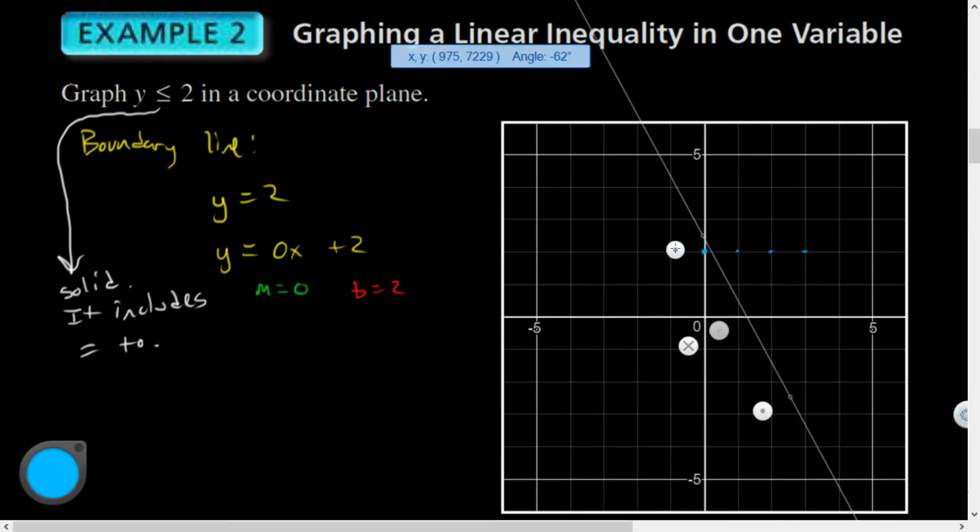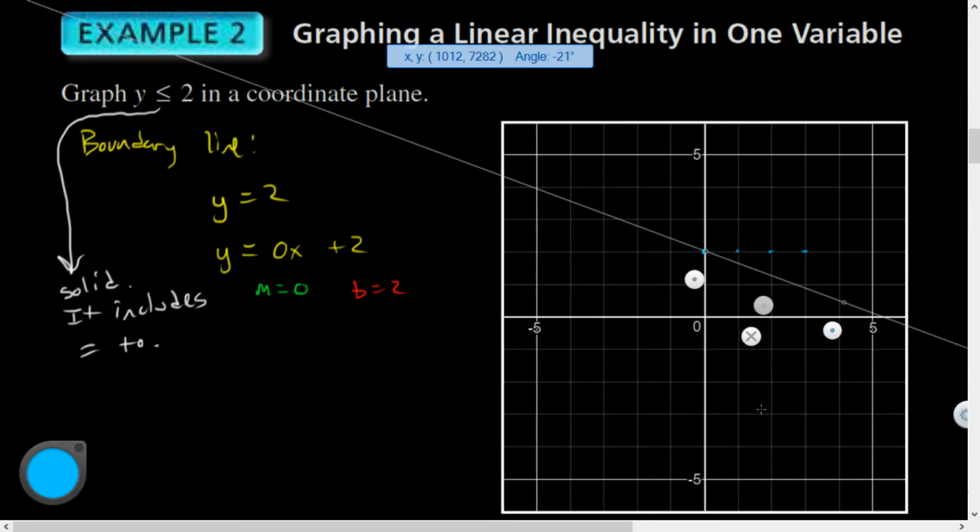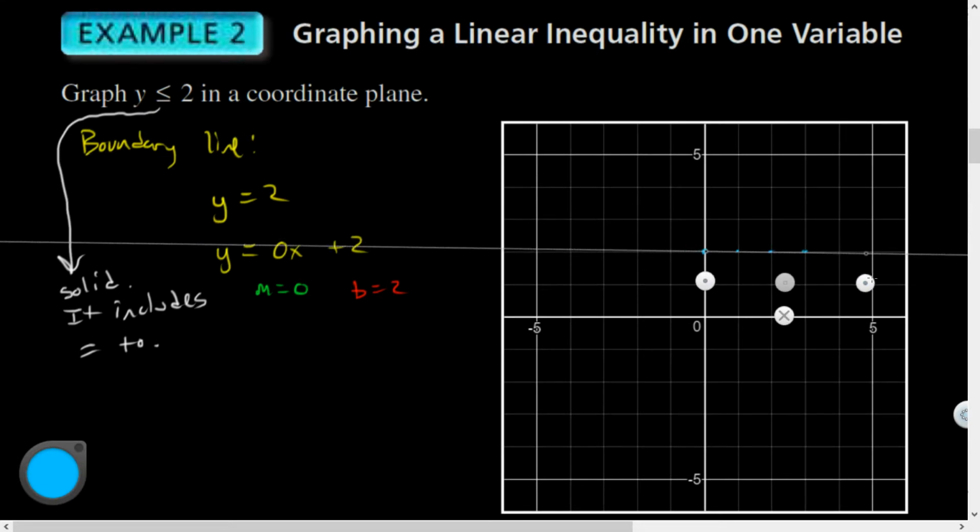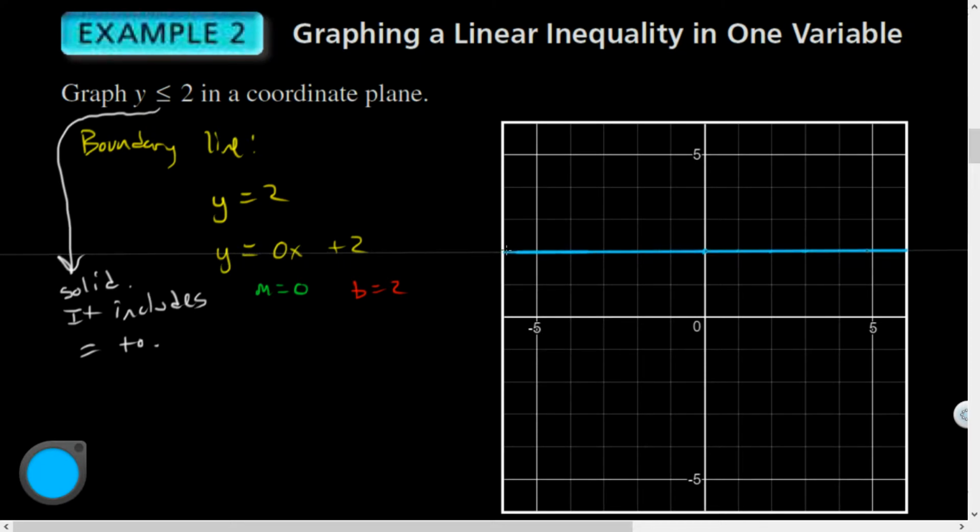I'm going to use my straight edge, and I'm going to draw the best solid line you've ever seen. Okay? And this goes forever, so I'm going to put some arrows on the ends of it. And now, the other thing to interpret from this is the shading. y is less than or equal to 2. All right? What values are less than?